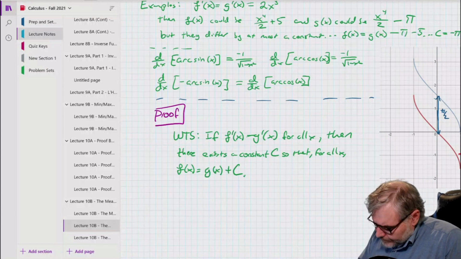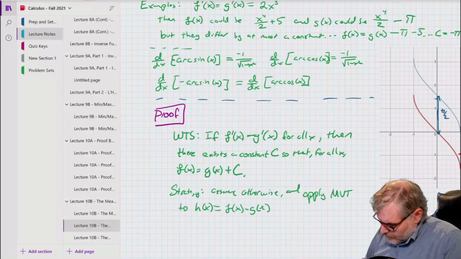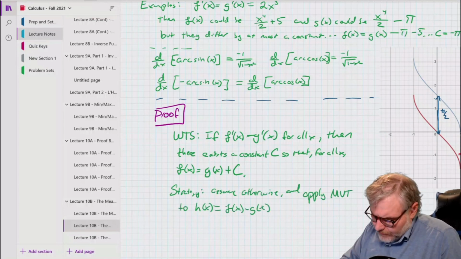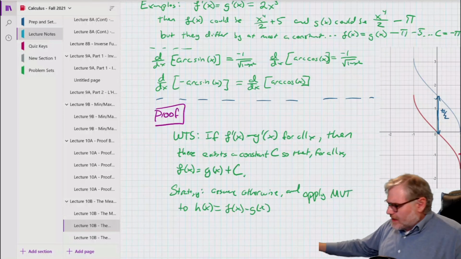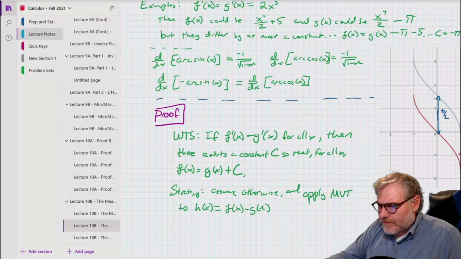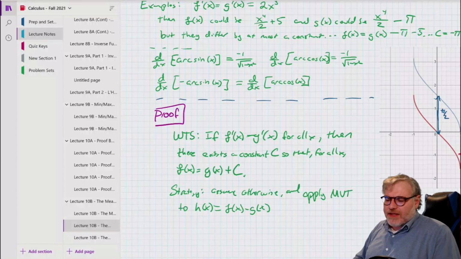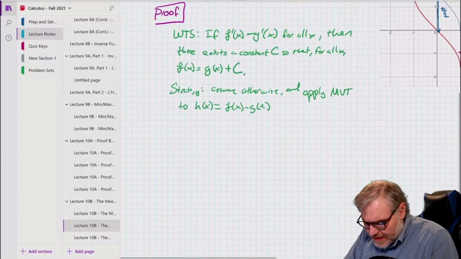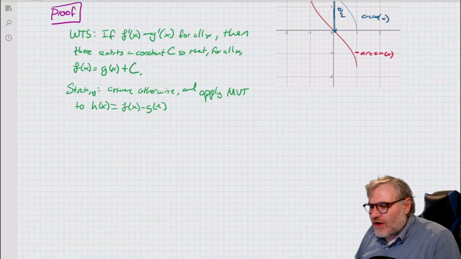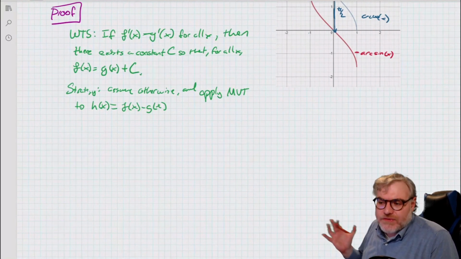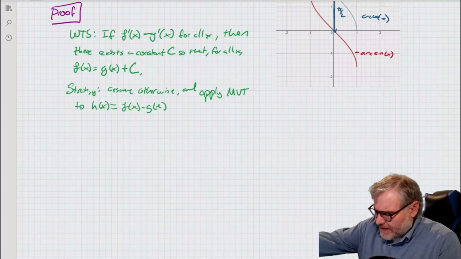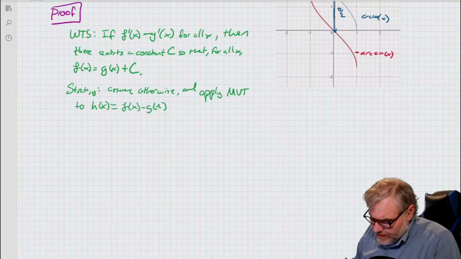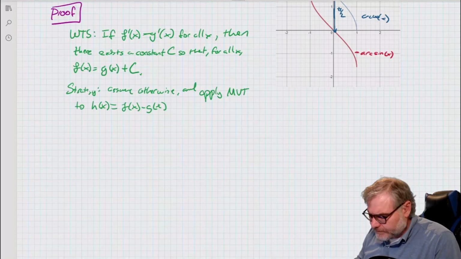That's going to be my strategy. It's a little proof by contradiction. There are a couple of other ways to do this proof. This is, I think, one of the cleaner ways. The book does it constructively without assuming otherwise, but it does it in two pieces. You're welcome to use that version if you prefer it. I don't think it's quite as clear, but if you think it is better, go ahead and use it.